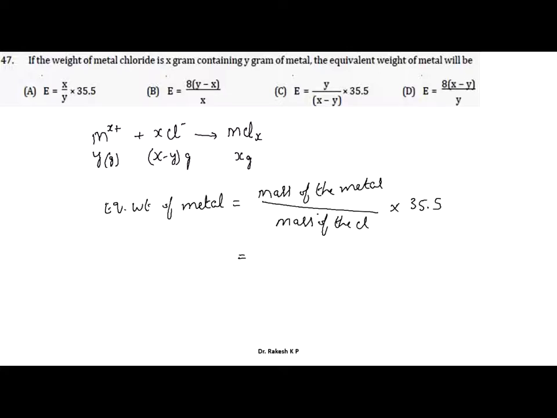The mass of the metal given here is y, and the mass of the chlorine is x minus y, into 35.5. Hence the equivalent weight of the metal is y into 35.5 divided by x minus y. In this case the option is C. Okay, see the next question here.